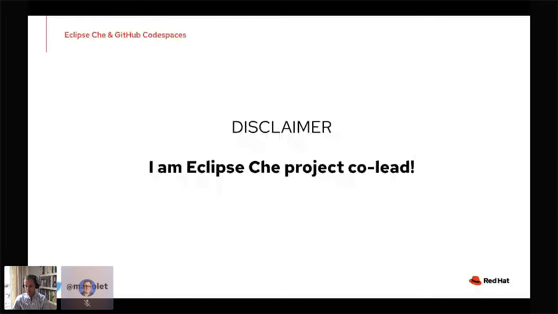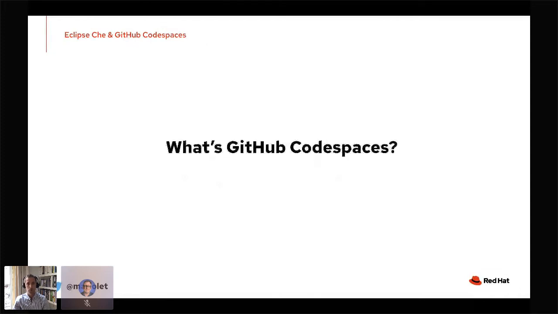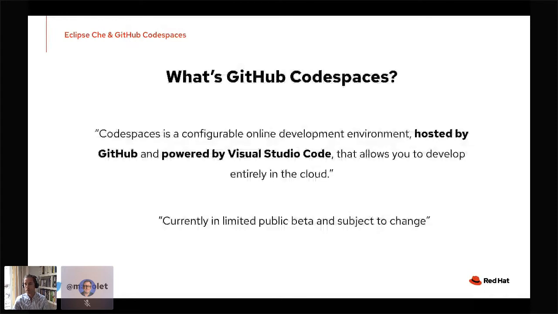So let's start from the beginning. For whoever doesn't know exactly what GitHub Codespaces and Eclipse Che are, we'll start with a definition. That's the definition in the GitHub Codespaces documentation.